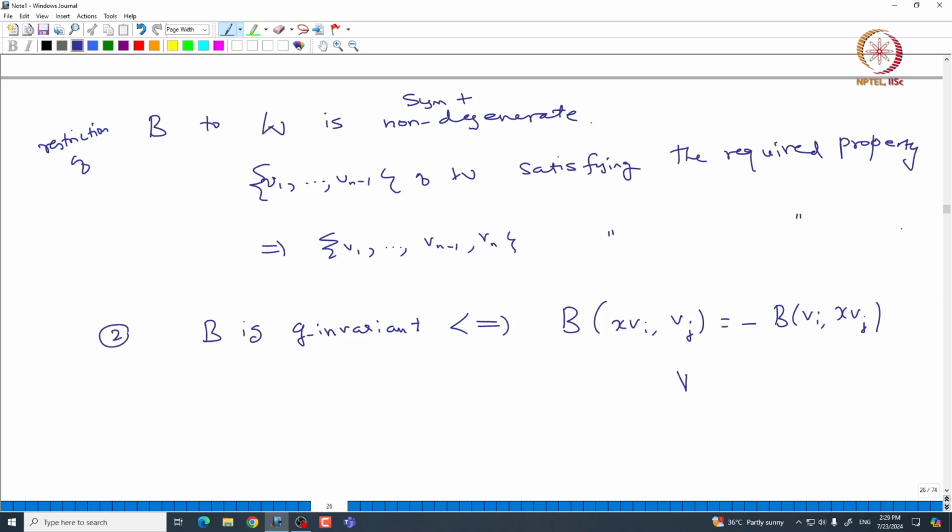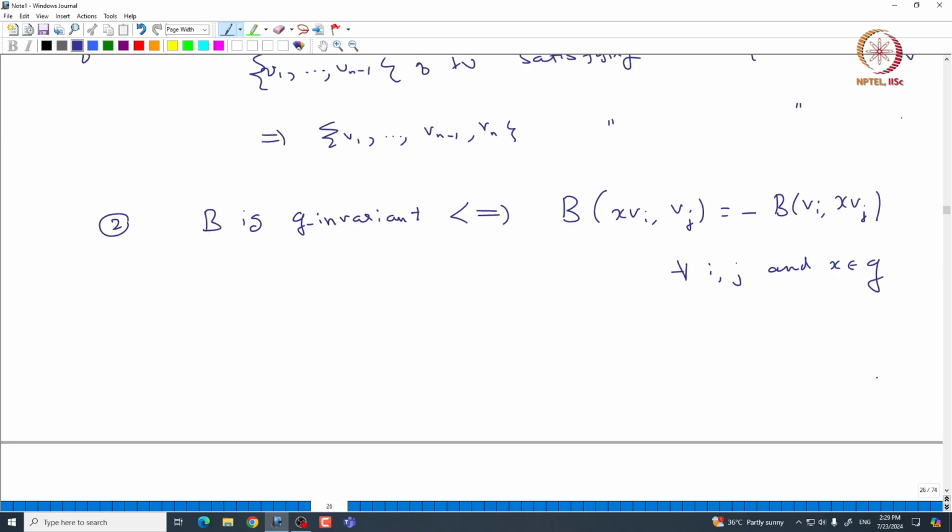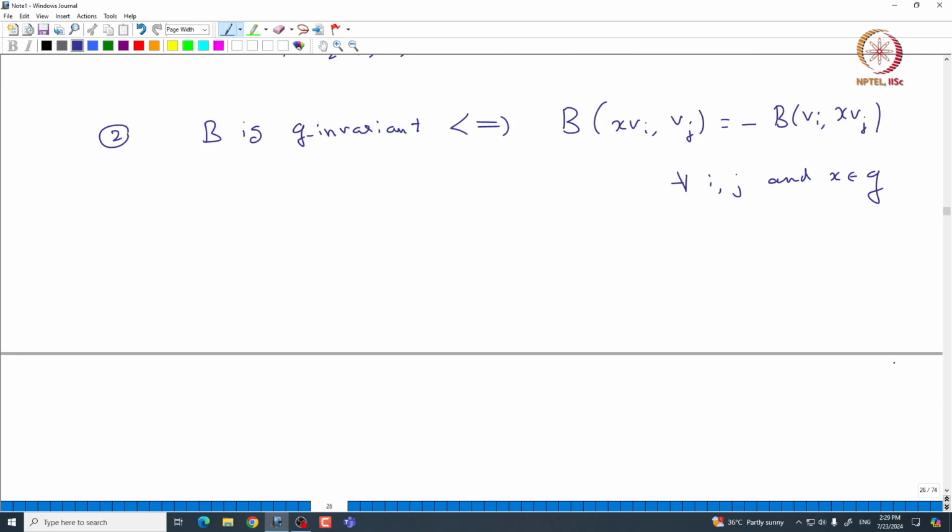And this should be true for all i, j and x in G. So, this is what G invariant means in terms of the basis elements, and this is if and only if, obviously. Now, if you take this additional condition that B(Vi,Vj) is delta ij, and just take this condition, this is the star.